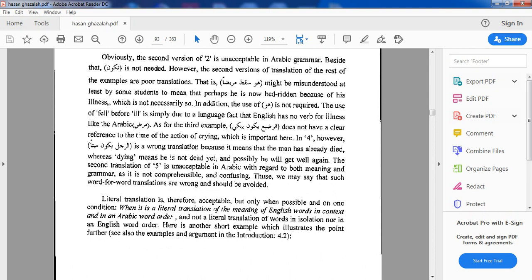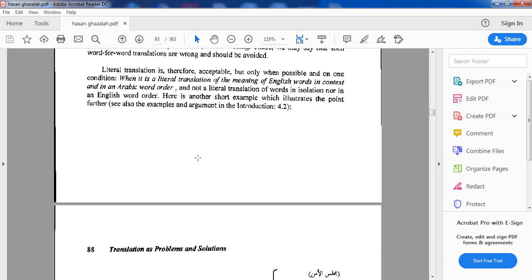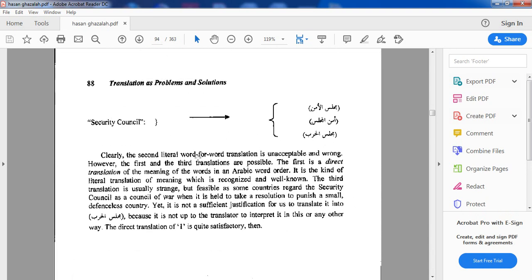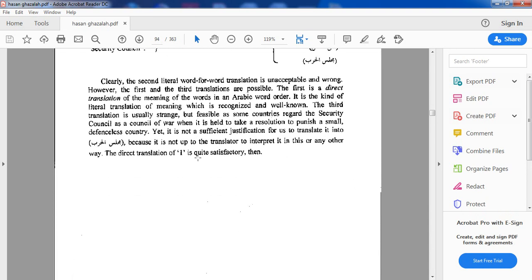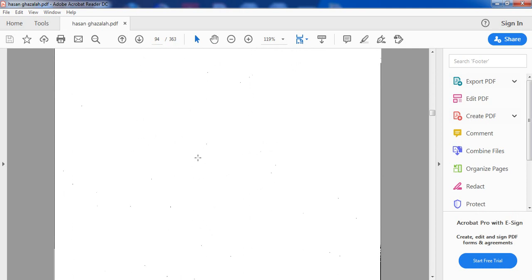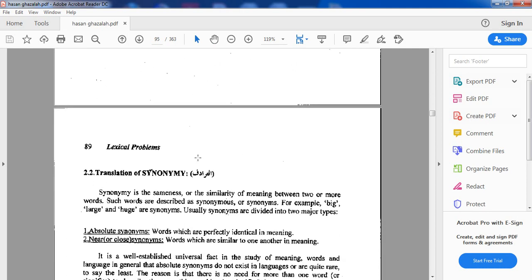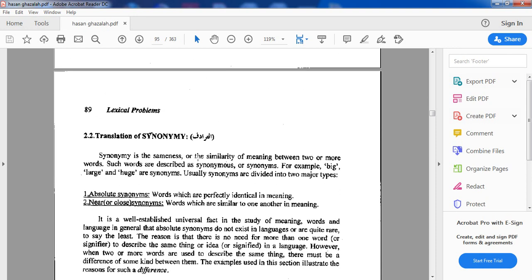Yes, we'll go directly to the first lexical problem, and we'll try to discuss it in addition to the possible solution for this problem. So the first problem within lexical problems is the translation of synonymy.